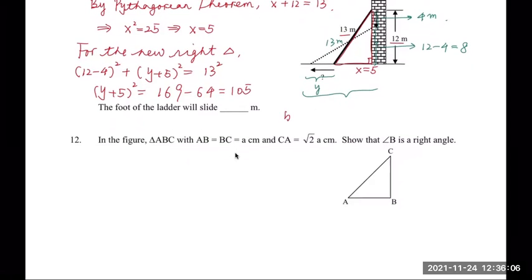So y plus 5 is equal to the square root of 105, which is 10.247.